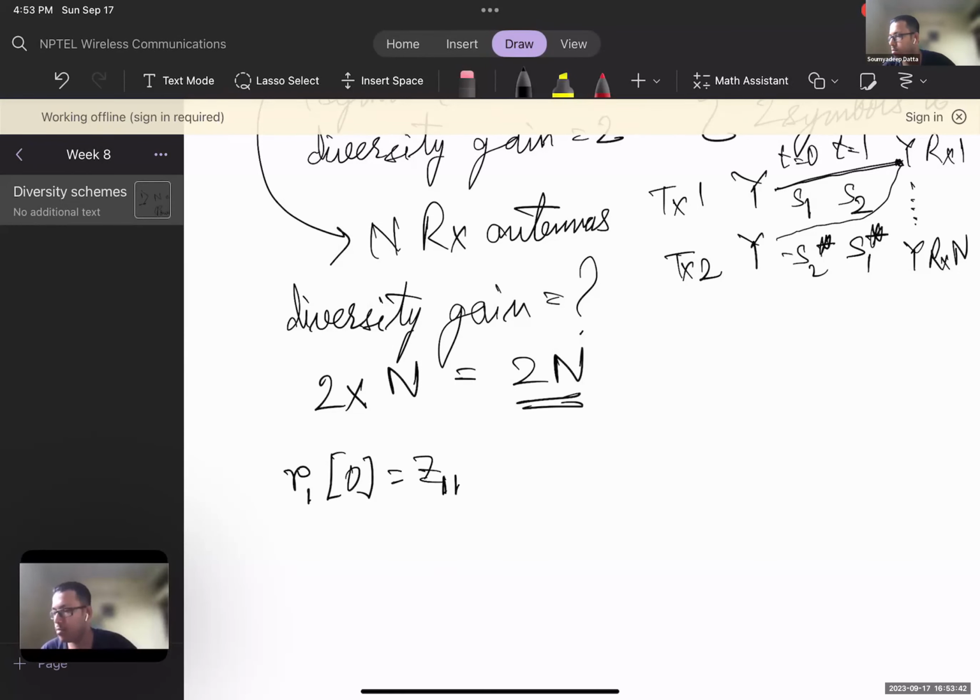That's the channel coefficient. And what signal am I sending on the first channel? At time equal to 0, I'm sending S1, so Z11 times S1 is there.